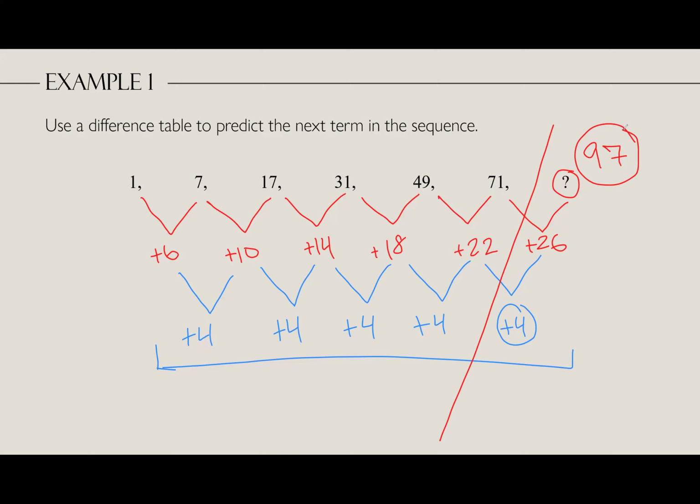So what I just did here is an example of a difference table. I kept on looking at the differences until I recognized a pretty nice pattern. Now I didn't need this third row on the bottom, but it helped me solidify that what I was doing was in line with what our final answer will be. It helped me identify, yes, I for sure do have a pattern here.